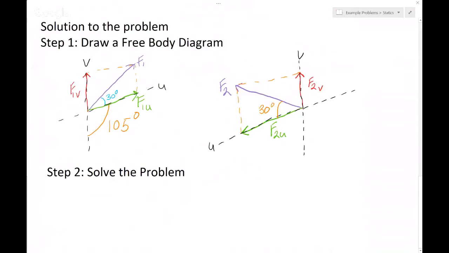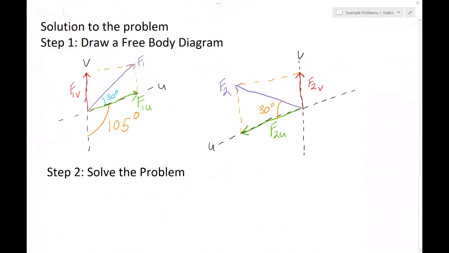So for force 1, we can break up our diagram into our force acting in this direction, 30 degrees from the U axis, and then force 1 component of U going in the U direction, and force 1 of the V component going in the V direction.